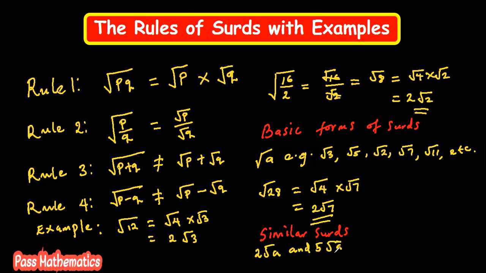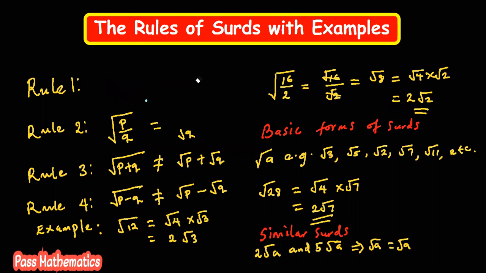So root A equals root A. So these are similar surds. So let's take an example. I need to clean this screen, so that we can have a better understanding of similar surds.